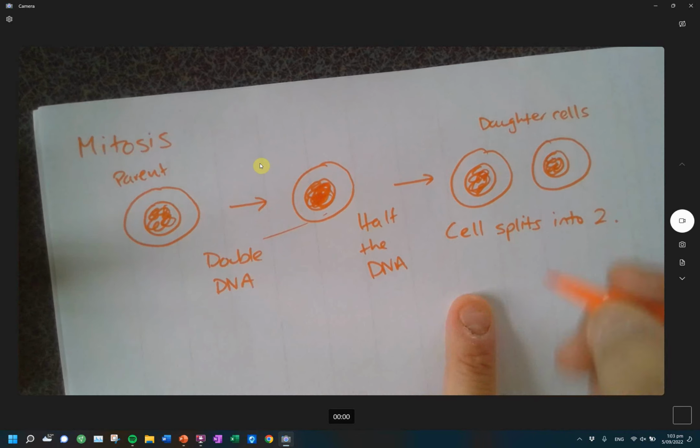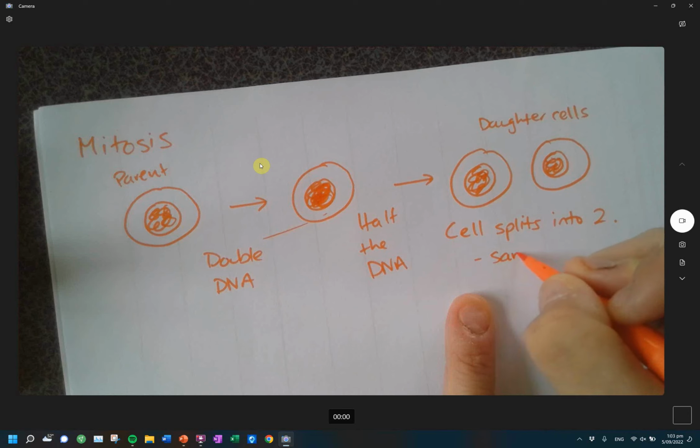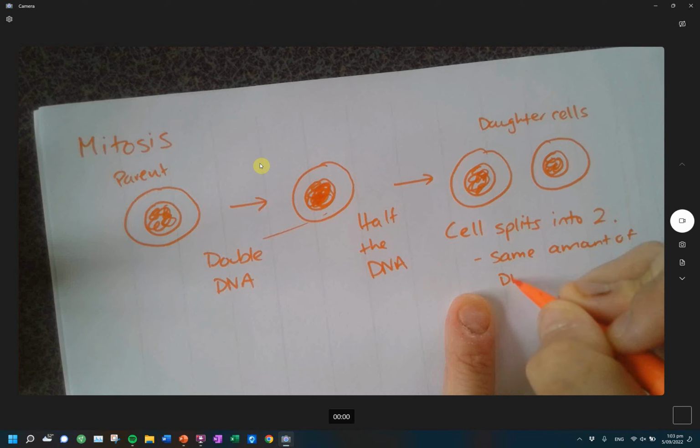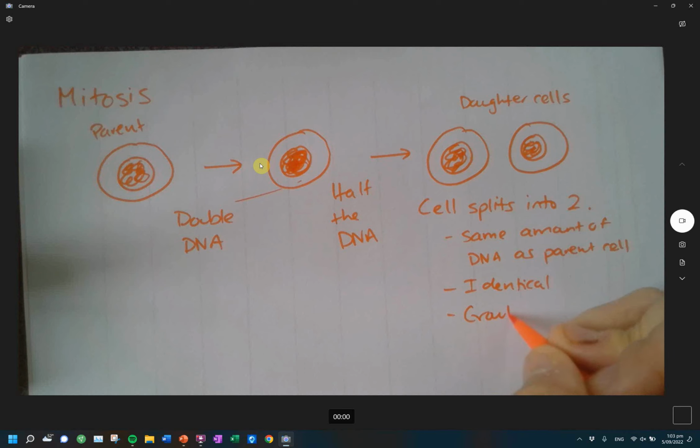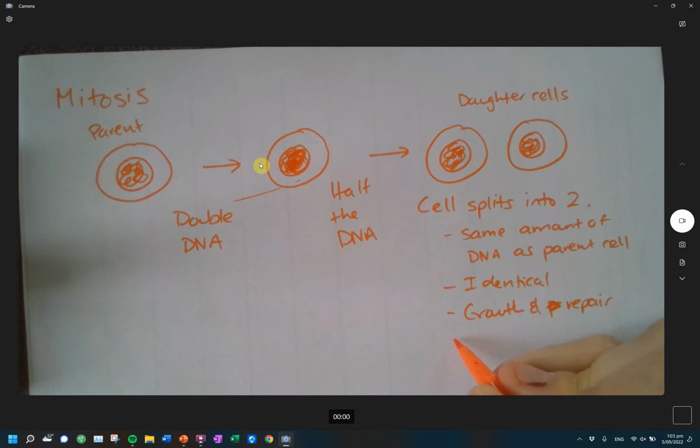So when it splits into two cells, it will have the same amount of DNA as the parent cell. Will they be identical? Yes. These are known for growth and repair in the body, and we call these body cells somatic cells.